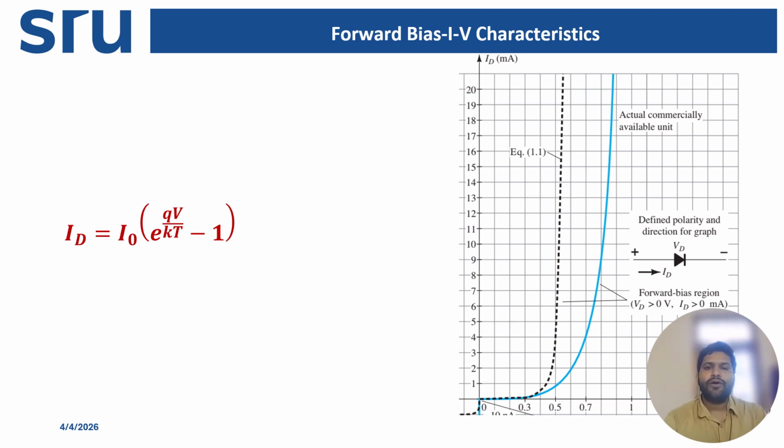Majority carriers cross the junction easily. Carrier injection increases significantly in this region, so the diode is conducting very strongly. In forward bias, the diode equation shows current increases exponentially with the voltage.